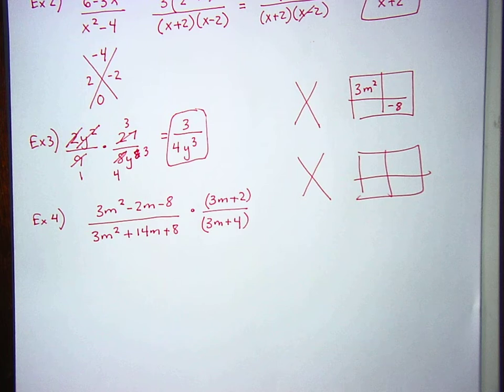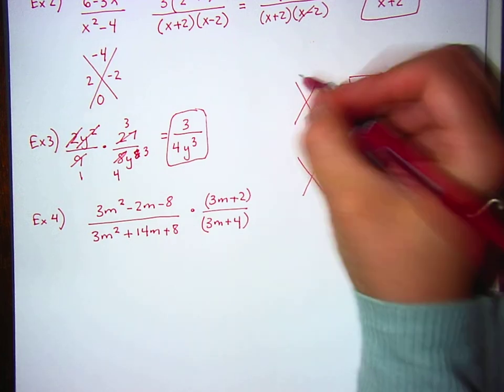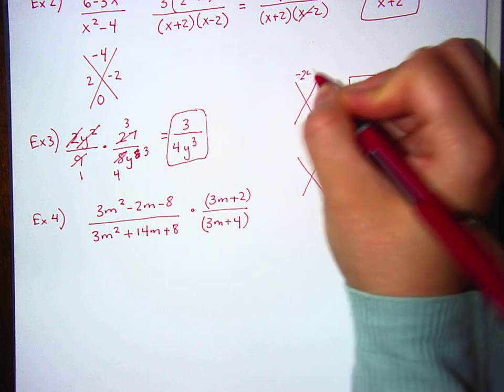Maybe it would be good for you right now to stop the video and try to factor both sets of those and then come back. If you really want to take it a step further, you can also start canceling all the factors, but if you don't feel comfortable with that, then come back.